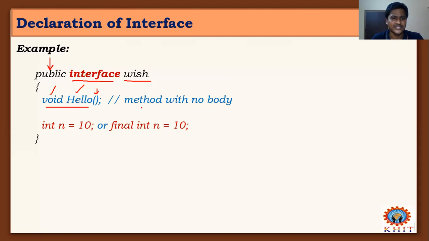It means this method has no body, no implementation. So this method is completely abstract, defined in the interface without implementation. Got it? And we can declare any variable of any type as final, but it should be initialized. These are the reflections of the points we discussed in the previous slide on the declaration of an interface.